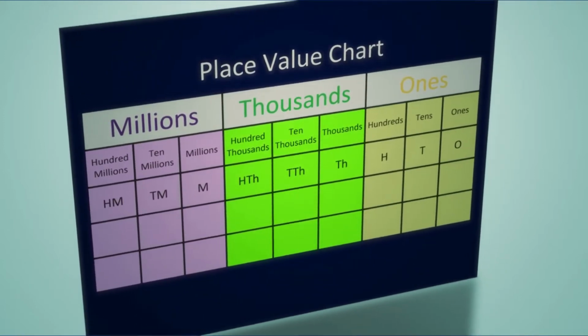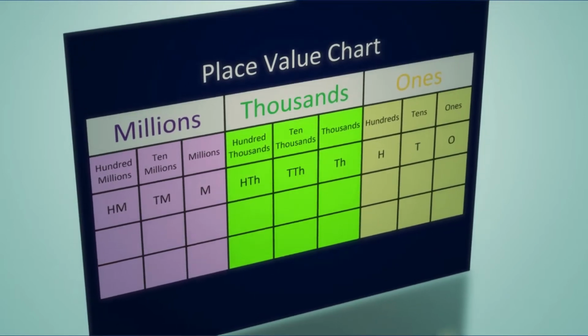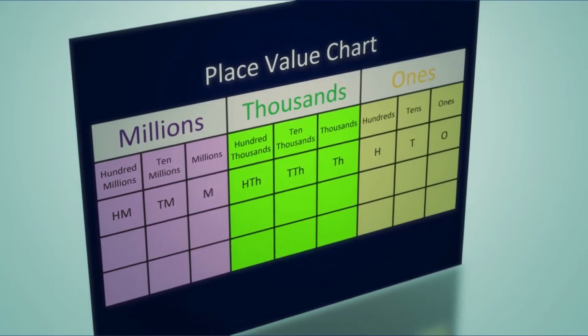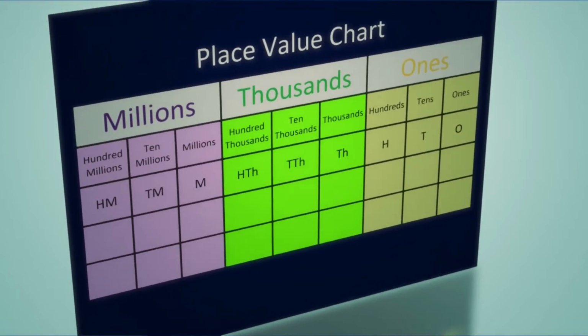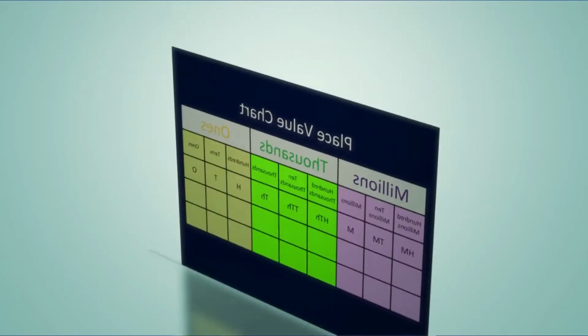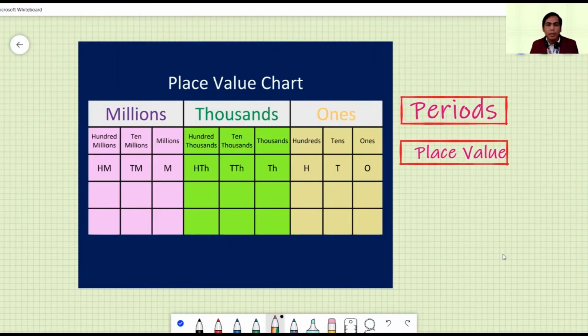Looking at our chart, we can see that our chart is divided into columns. We have big columns. We have also smaller columns. The big columns represent the different periods, while the smaller columns represent the different place values.